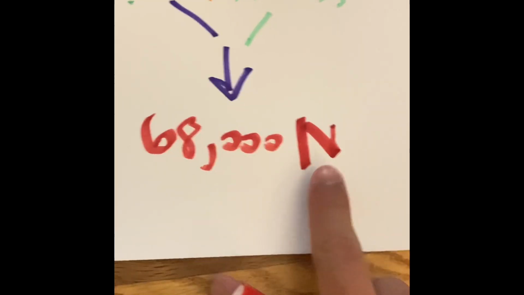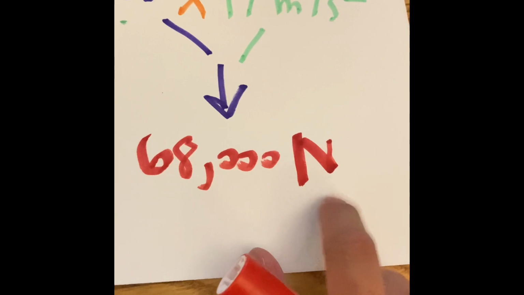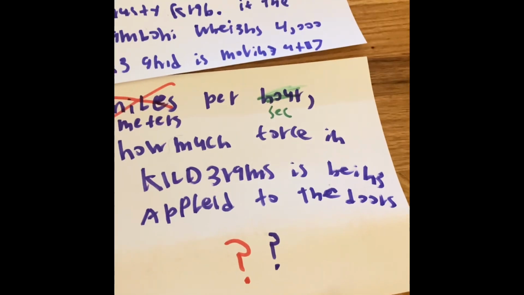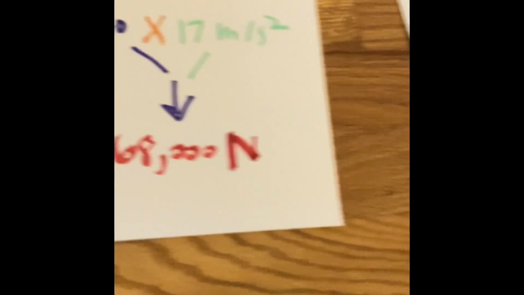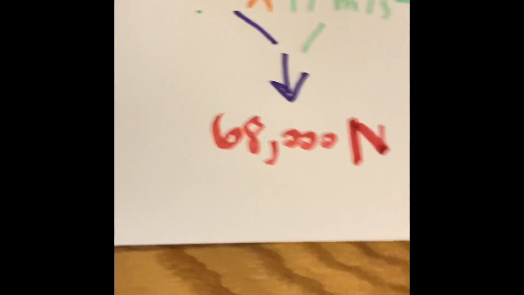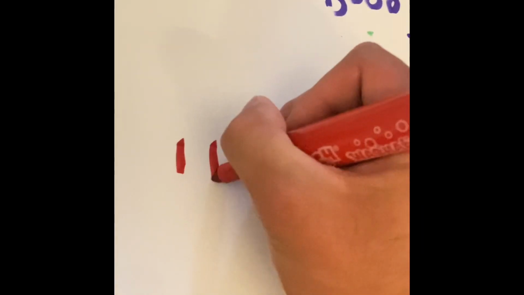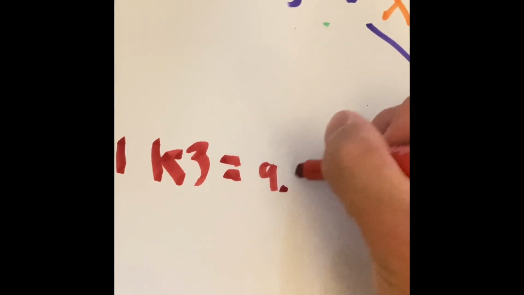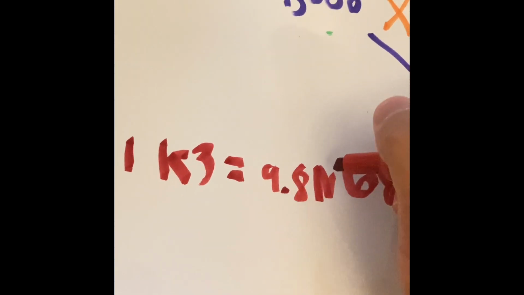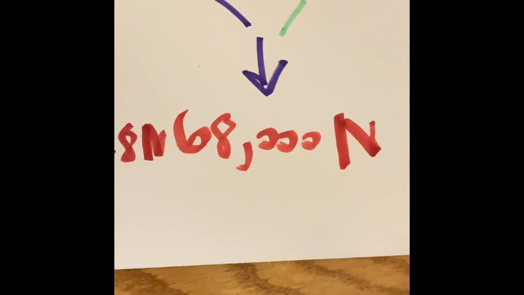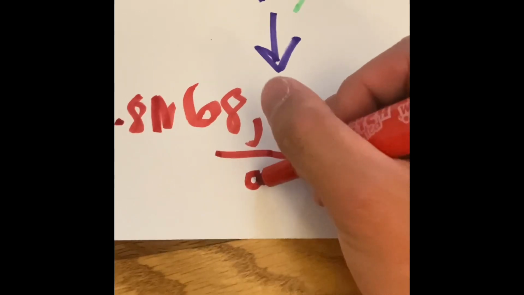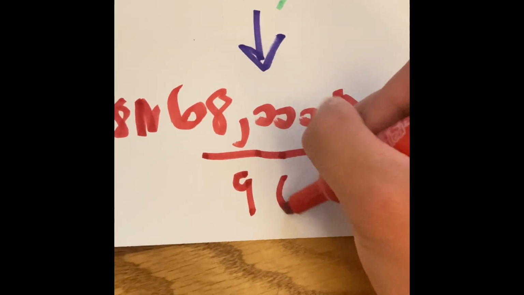The problem is, we don't want newtons. Newtons represents how much force is being applied by motion. We want it measured in kilograms: how much force is being applied to the door in kilograms. So, we said earlier that 1 kilogram is equal to 9.8 newtons, so we have to divide 68,000 by 9.8 to get how many kilograms are being applied on the door.